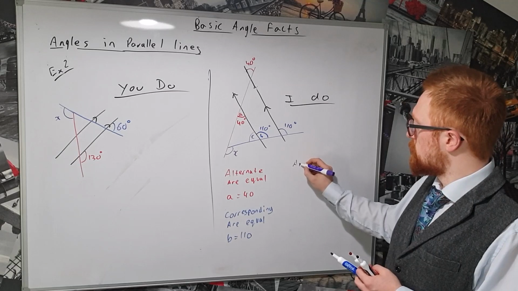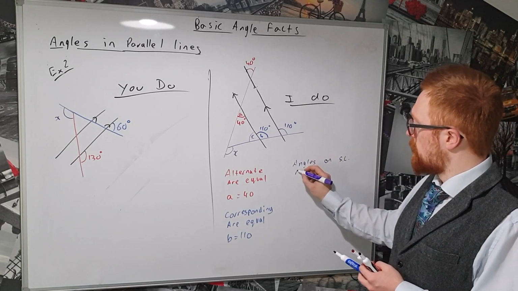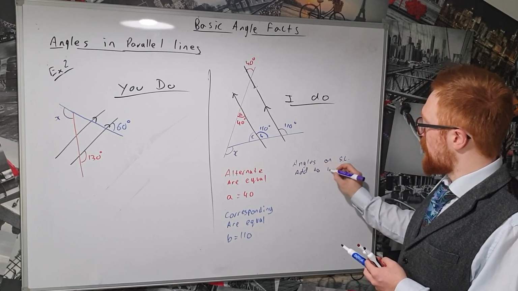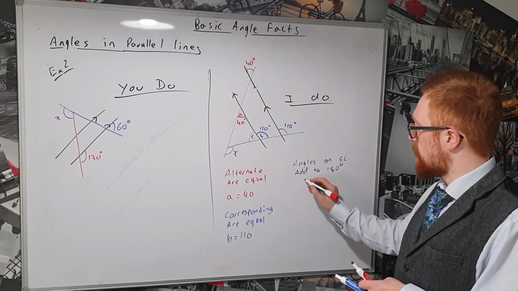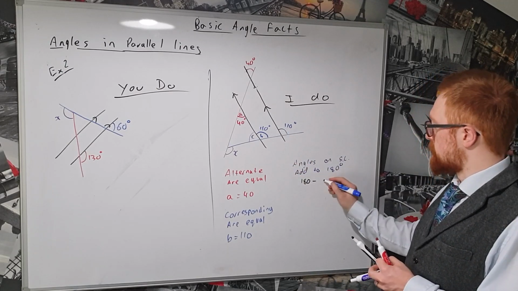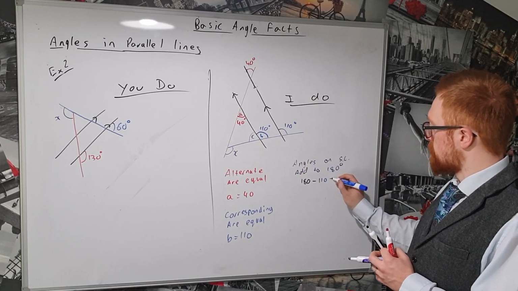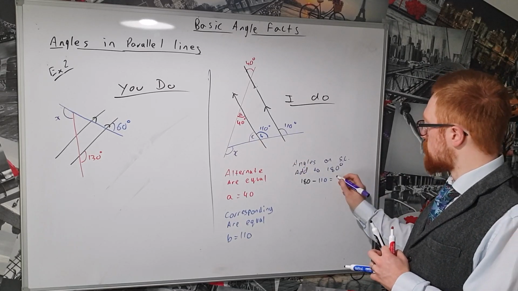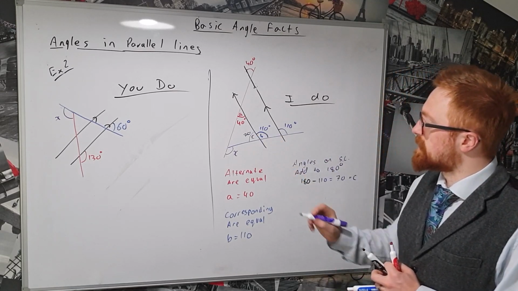So angles on a straight line add to 180. So I know that if I do 180 and I subtract my 110, that's going to give me what this value of C is, equal to 70, and that's what C is. So this angle here is 70 degrees.